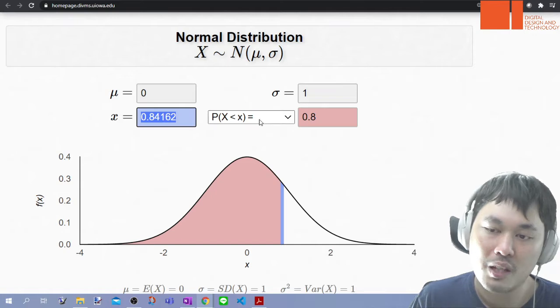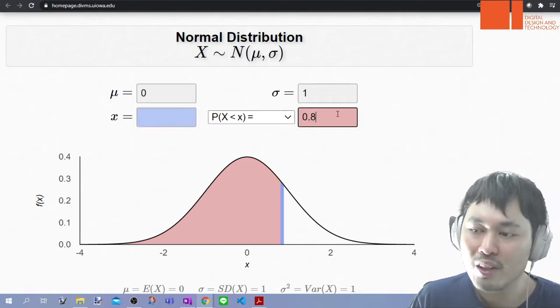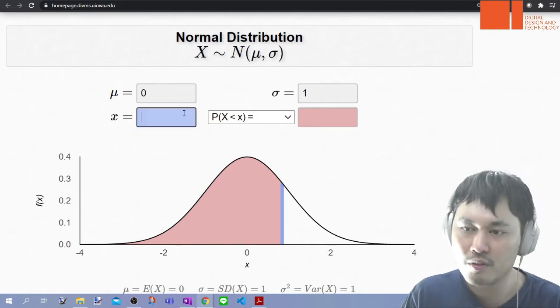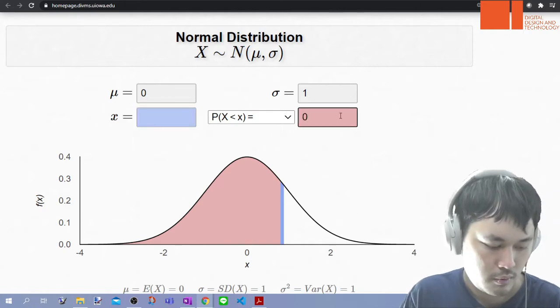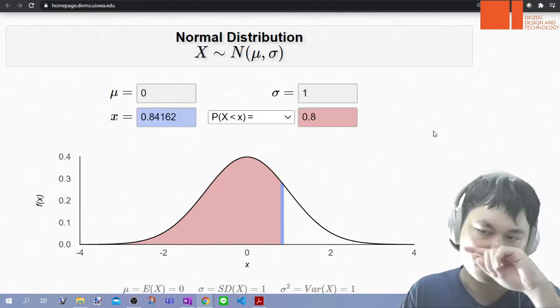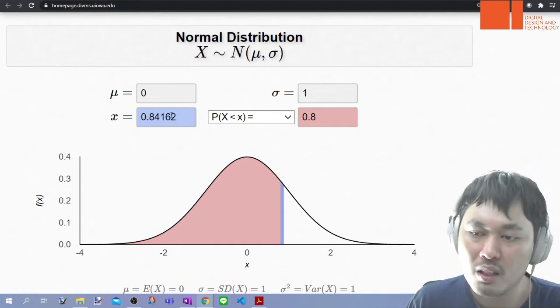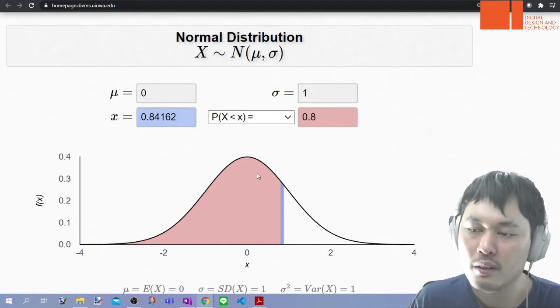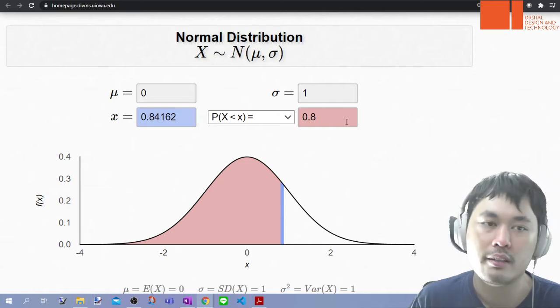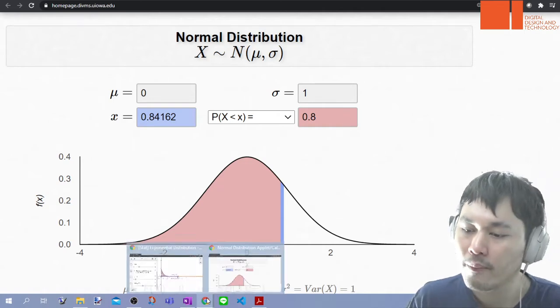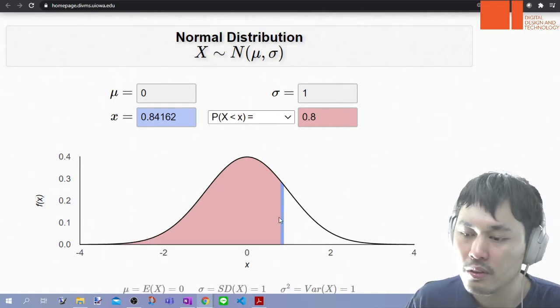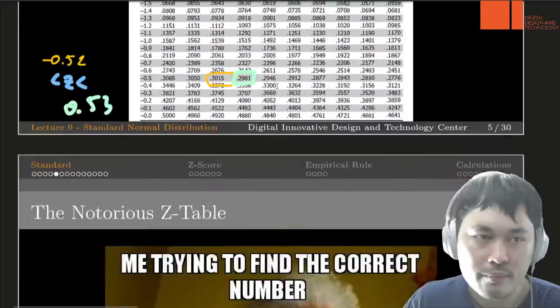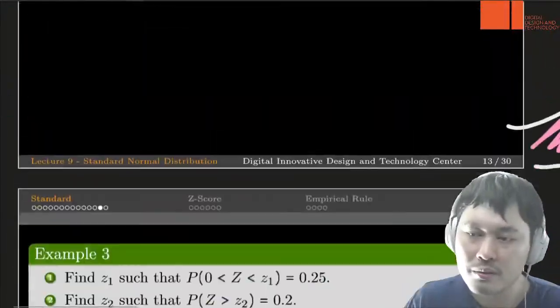Given x, we can find the probability, and given the probability or the area, it can give you the point instead. So x has to be something close to that value, so that the area is 0.x. And that's how you use that. So let's see some example questions.